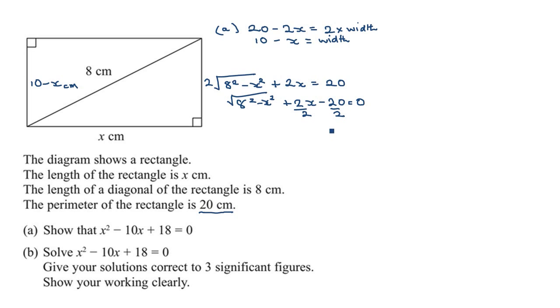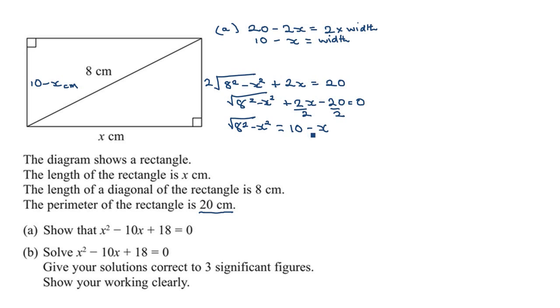So I can now bring all these over to the right hand side, so that I've got now root of 8 squared minus x squared equals, well, that was minus 10, so it must be positive 10, and this is plus x, so it becomes minus x when I bring it over to the other side.